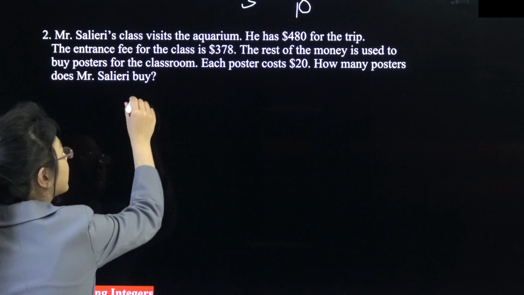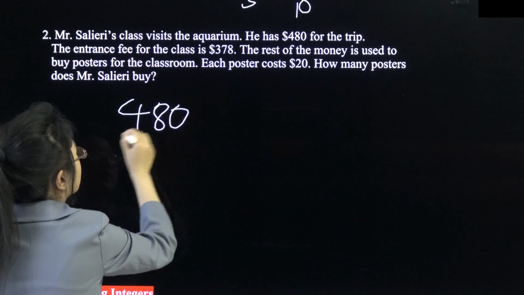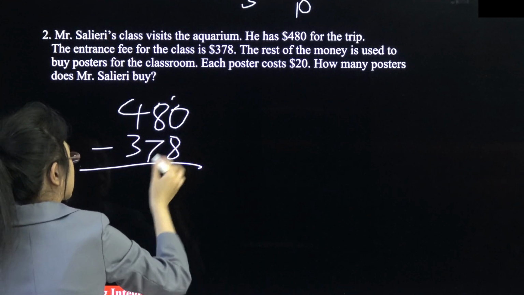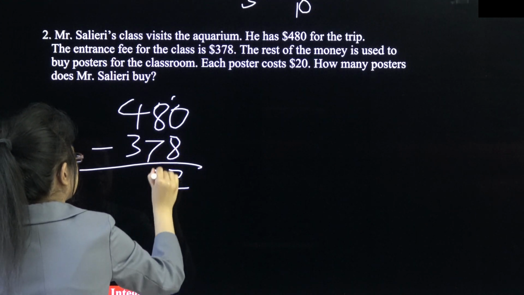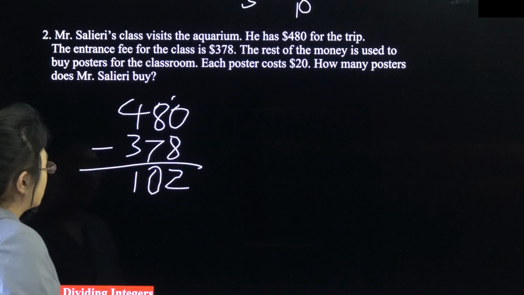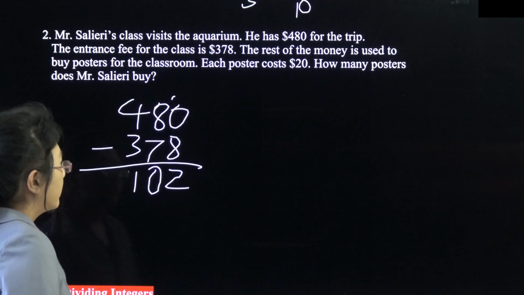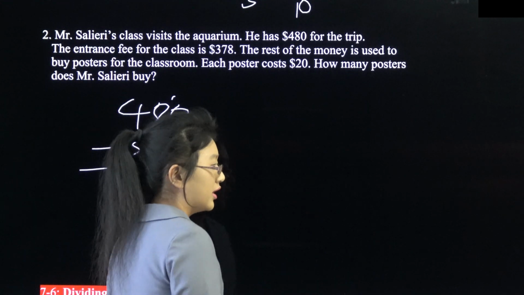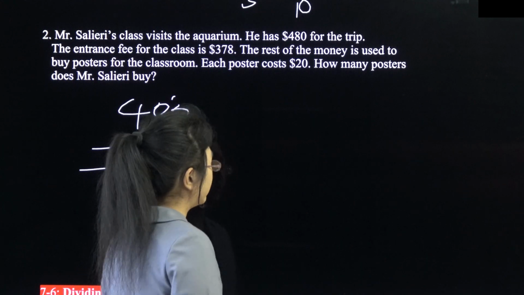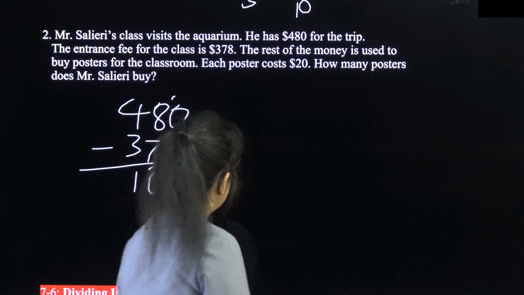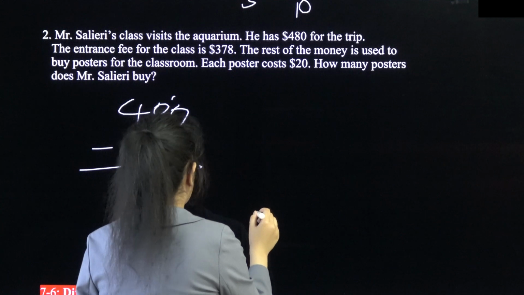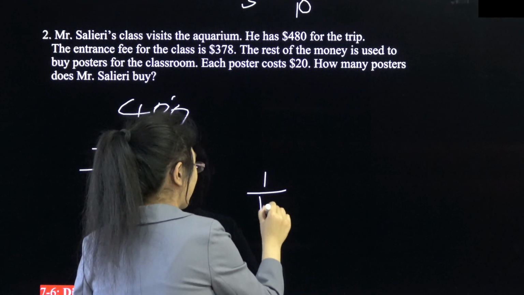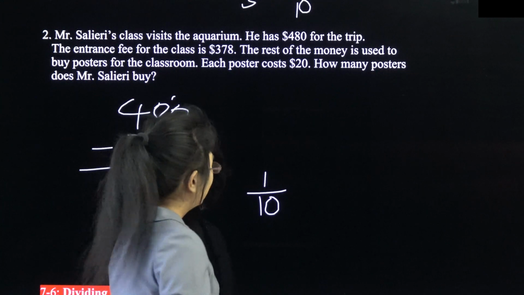Anyhow, working backwards, total subtract entrance fee, which is a fixed fee, which you can't change. We have $102 left, $20 per poster, which means 102 divided by 20, which is 5, remainder 2, but you can't really buy 2/20s, which would be 1/10 of a poster.